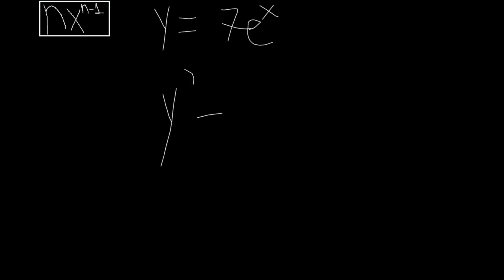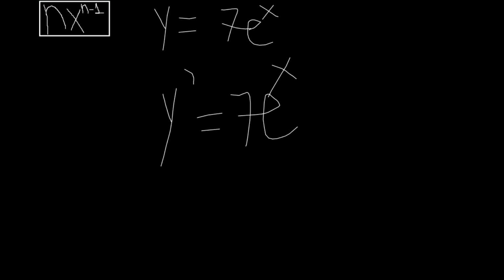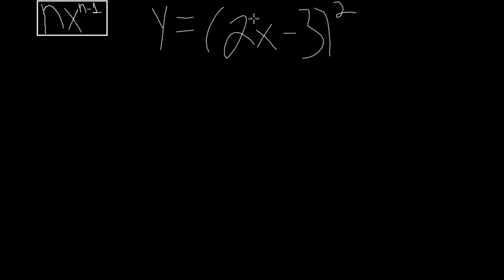So the derivative, or y prime, is just the same as this. When you see this, you do not need power rule. Just remember that when you see e to the power of x, it will always be the same with derivatives.